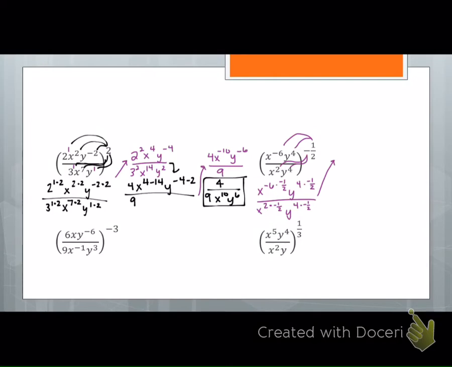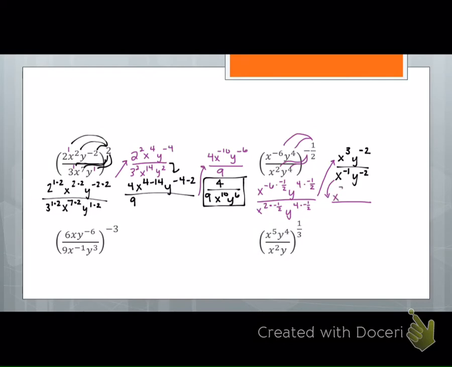So half of -6: 2 negatives make a positive, so half of 6 is 3. A negative and a positive is a negative. Half of 4 is 2. Half of 2 is 1, so that would be -1. One's negative and one's positive. And then half of 4 is 2. When we do division, we do what with the exponents?